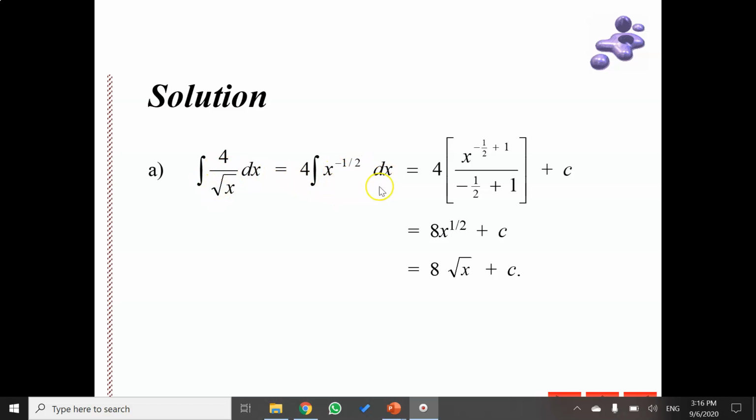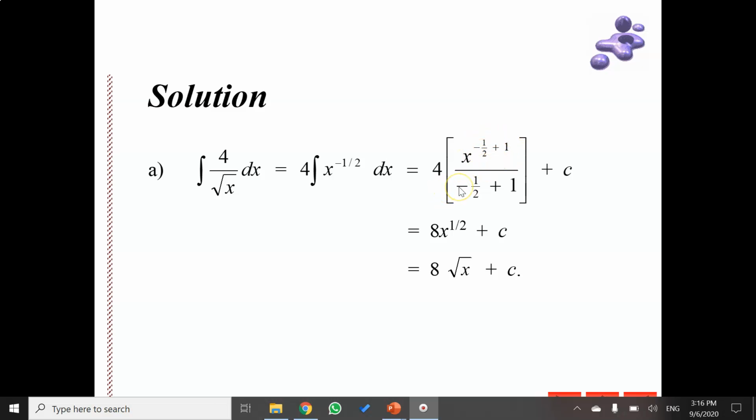So, all you need to do is integrate this one. 4 will remain here. You integrate x to the power of negative half. You will get x to the power of negative half plus 1. So remember, integration is always plus 1. When you integrate, you have to add 1. Again, you divide by the new power over here.